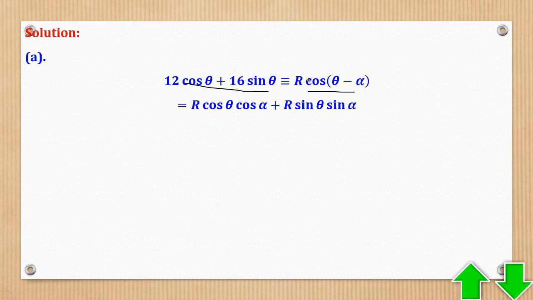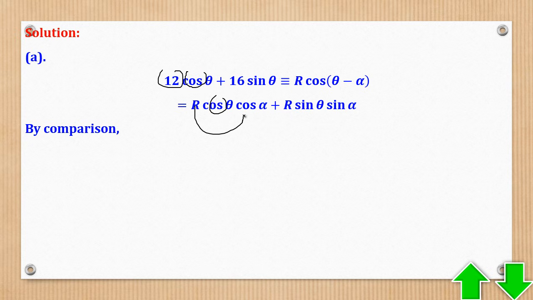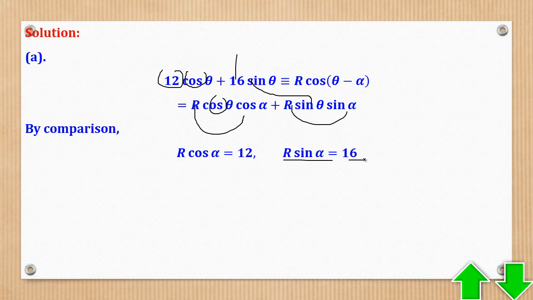Expand this compound angle to give you this. Then this equivalent sign means that I can now compare. For cos, what is left here is 12, and what is left is r cos alpha, meaning that r cos alpha is 12. For sine, what is left is 16, and what is left is r sine alpha, so r sine alpha is equal to 16.